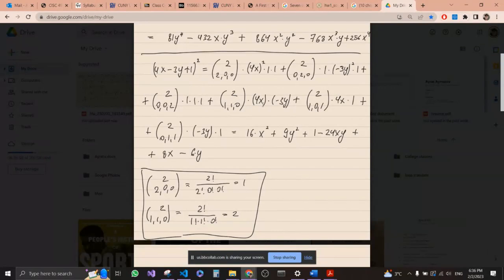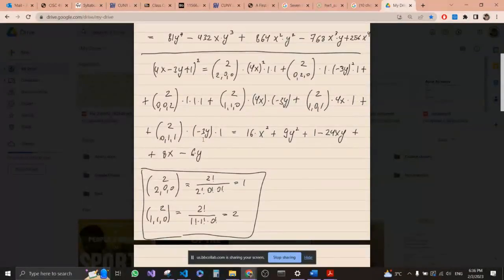Okay, for this term, 4x to the power 1, minus 3y to the power 1, and 1 to the power 0, which is 1. And here is 4x to the first power, then minus 3y to the power 0, and 1 to the power 1.